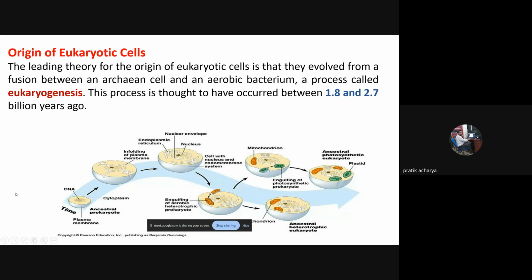That means how a symbiotic relationship developed between archaea and bacteria that helps in the formation of the eukaryotic cell. Yesterday also in brief we discussed the endosymbiotic theory. Endosymbiotic theory explains in detail how the eukaryotic cell originated.